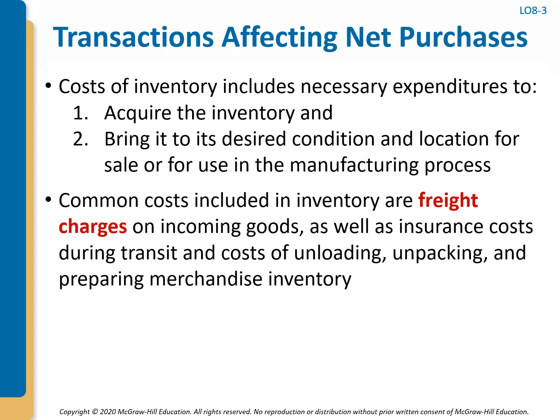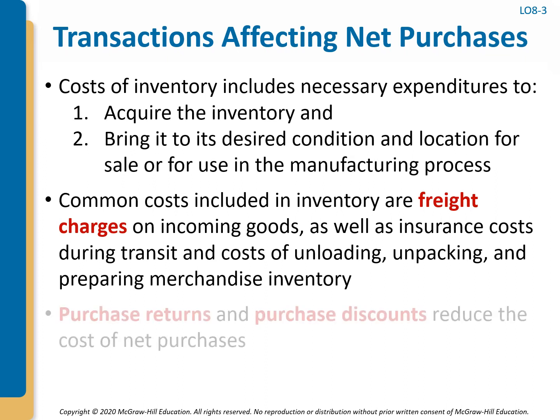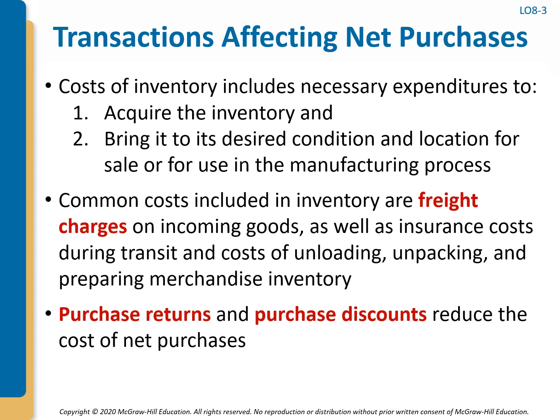All the costs that are necessary to bring the item to location in the desired condition. Purchase returns and purchase discounts reduce the cost of net purchases, which therefore reduces inventory costs.